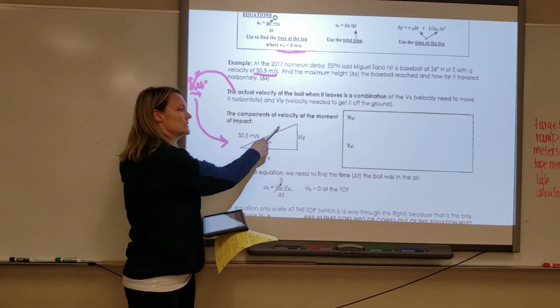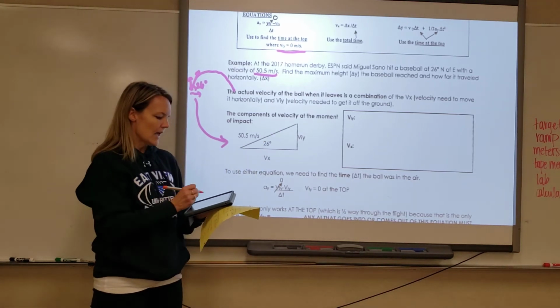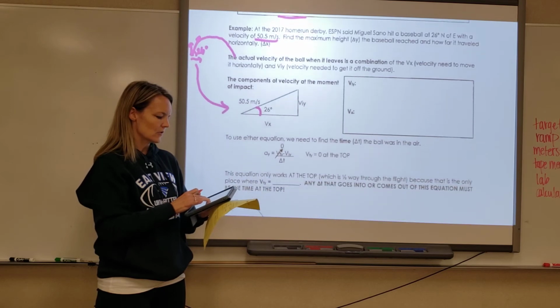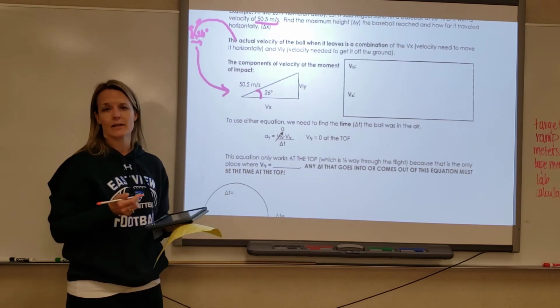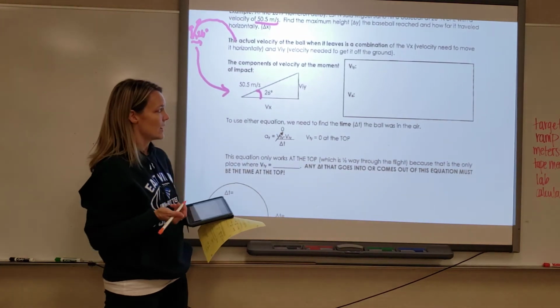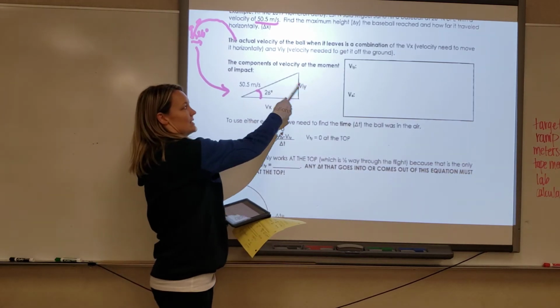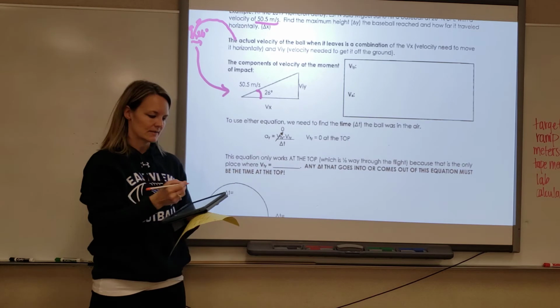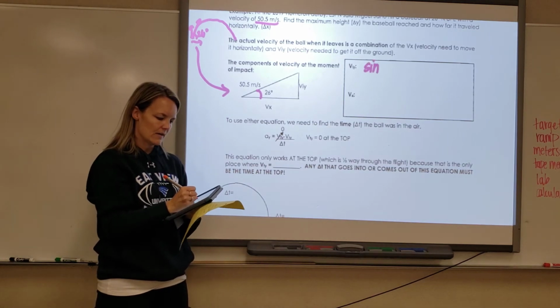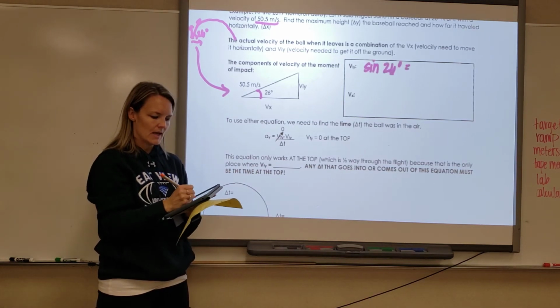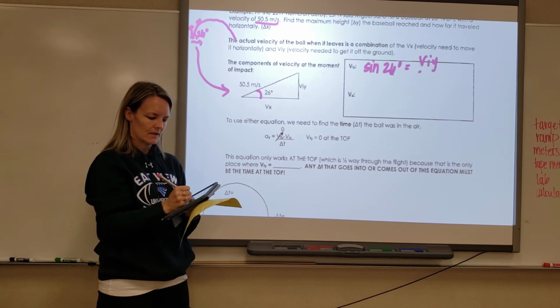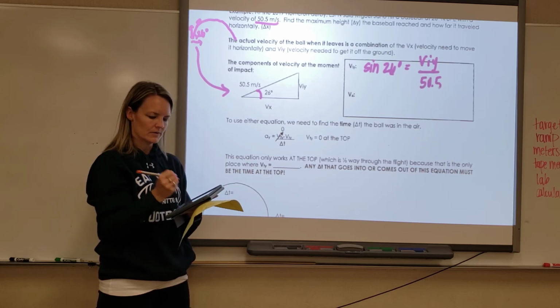So the hypotenuse is always the actual velocity, and the angle was 26 degrees. We are going to use sine and cosine to solve for VIY and VX. I'll start with VIY. It is opposite, and I have a hypotenuse. That is sine. So the sine of 26 degrees is equal to opposite over hypotenuse.